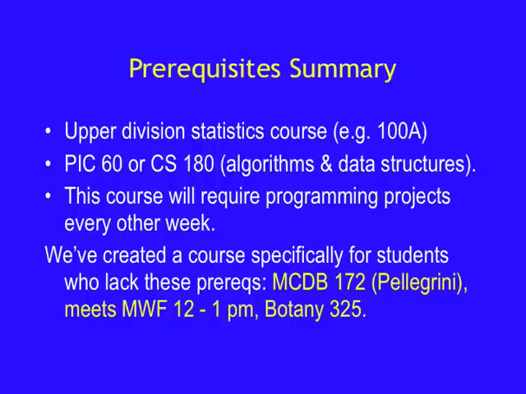One track, this course, is intended for students who have some preparation in statistics and probability, and as a typical prerequisite, Stats 100A. Familiarity with probability, probability density functions, etc. And second, both the ability to program proficiently and familiarity with algorithms and data structures.